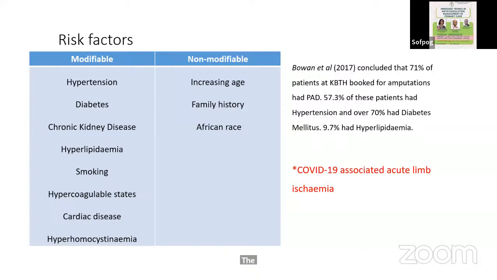In 2017, we did a study where they found that 71% of patients who had been put up for amputations had peripheral arterial disease of various degrees, and of these, 57.3% had hypertension, 70% had diabetes, and 9.7% had hyperlipidemia. Permit me to talk briefly about COVID-19.